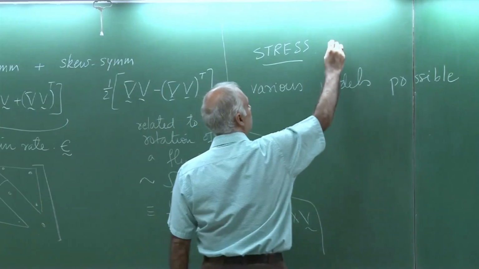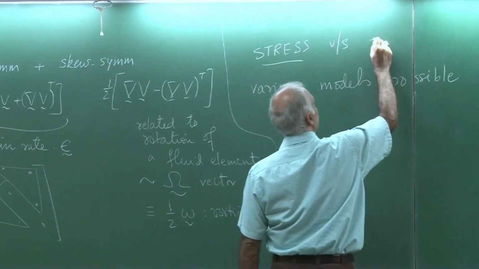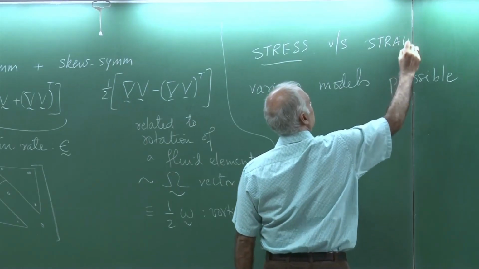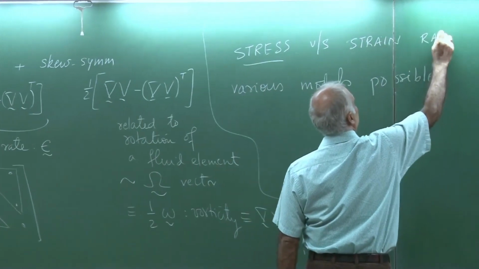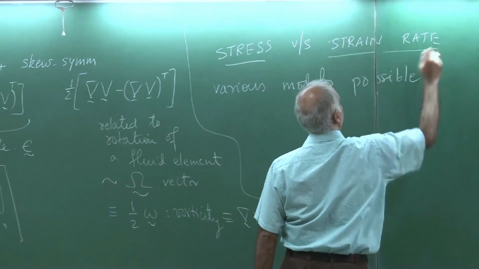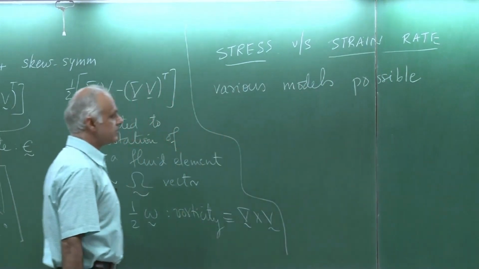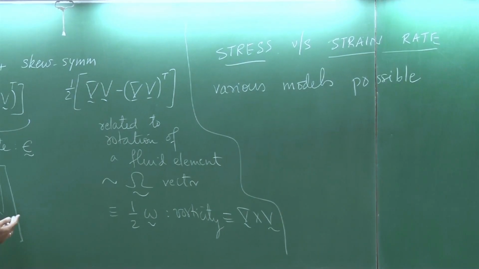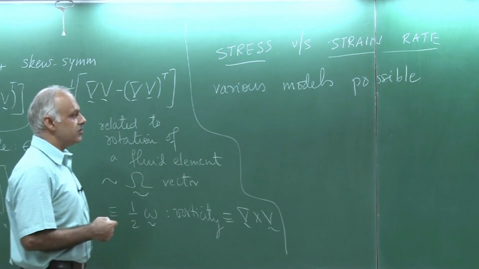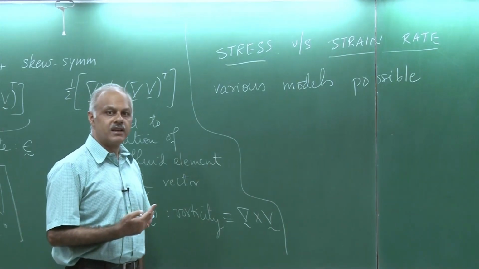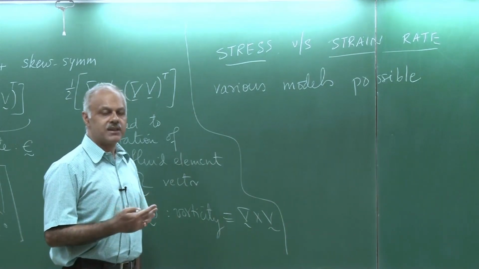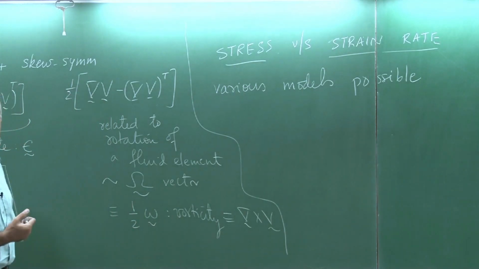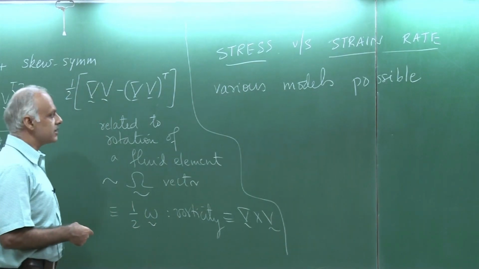So we are talking about stress versus strain rate. Okay? And this would really depend on what kind of fluid that we have. So blood, for example, would behave a little bit different than something like a fluid which is highly non-Newtonian, maybe like tar, okay? And so on and so forth.